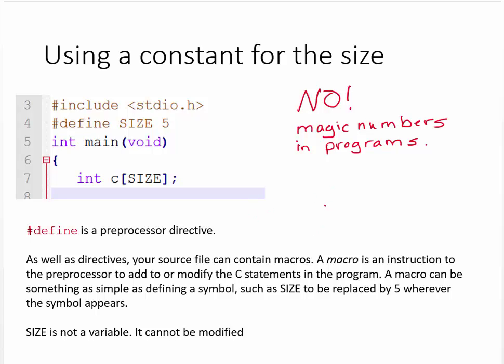So for example, if I say in a program that I'm going to do a for loop, int x equals 0, x less than 10, x increment.